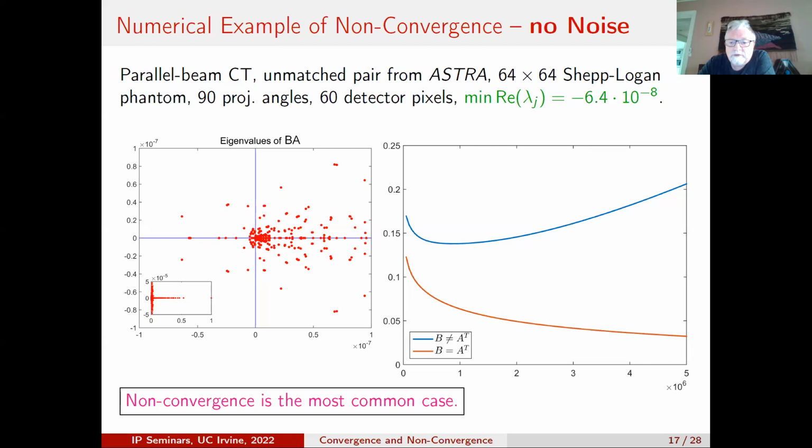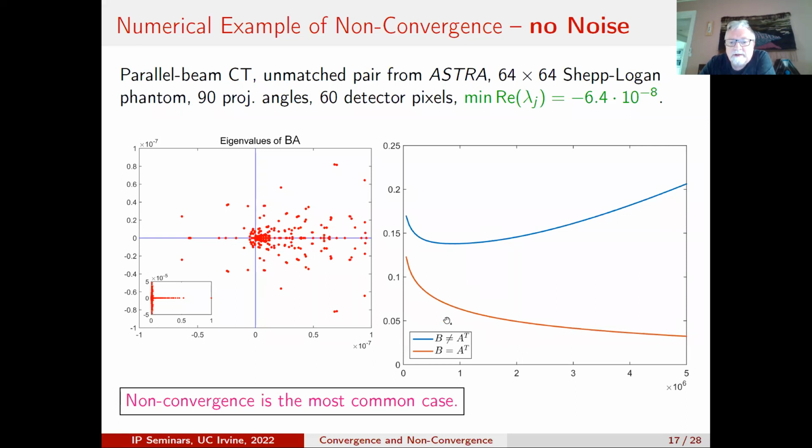But what we can see over here is that, unfortunately, it does matter. We have two curves here. The red curve is the error history when we plug in to the method a B that is equal to A transpose. Then our method is really Landweber iteration, and we know we have convergence, and that's what we see.